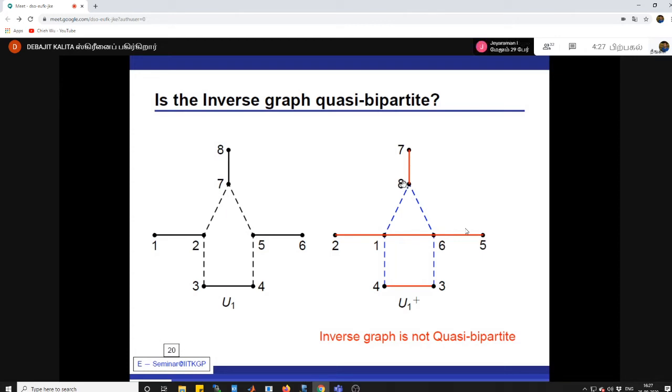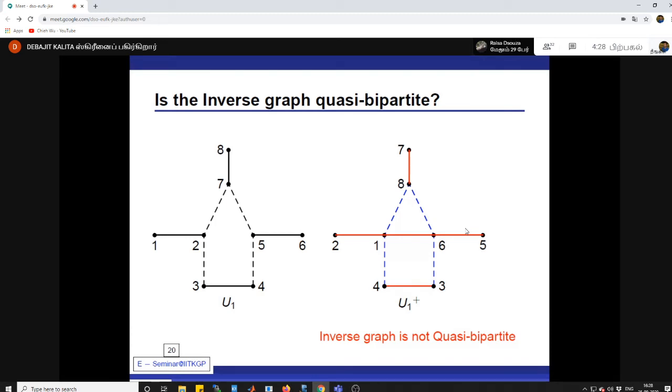But then vertex 8 has to be either in V1 or in V2. If 8 is in V1, then because there is an edge between 8 and 6, we get a blue edge joining a vertex of V1 to a vertex of V2, which is not possible. Similarly, if 8 is in V2, then we get an edge between 1 and 8, where 1 is in V1 and 8 is in V2, and it is a blue edge. That is not possible. So that's why this graph is not quasi-bipartite.